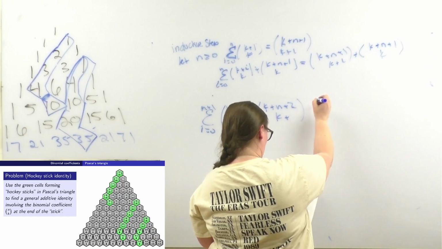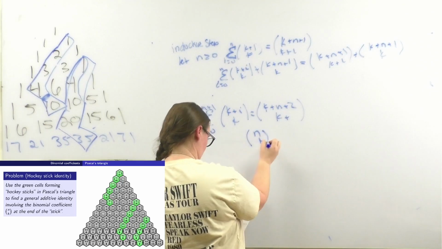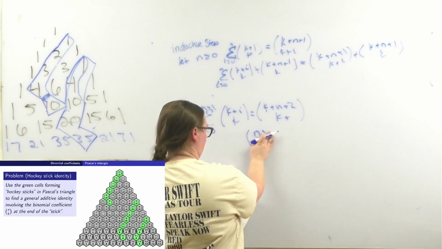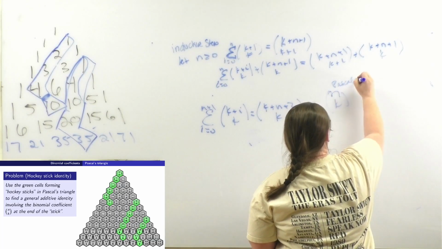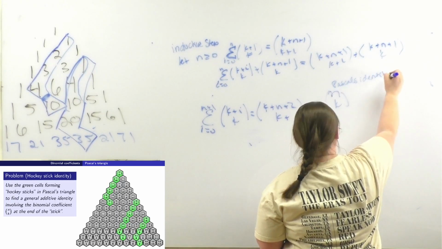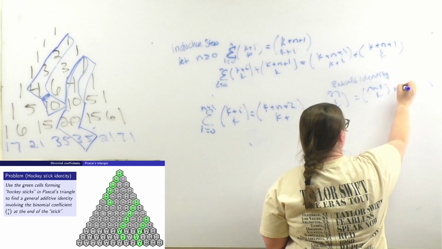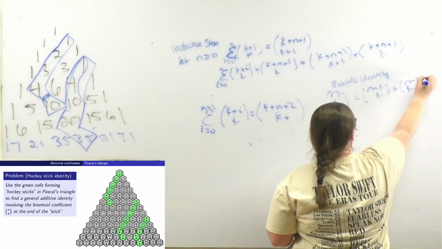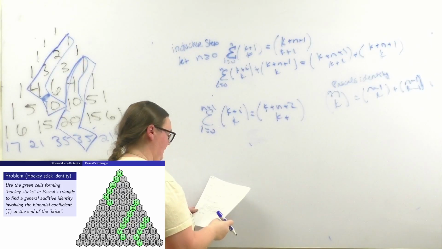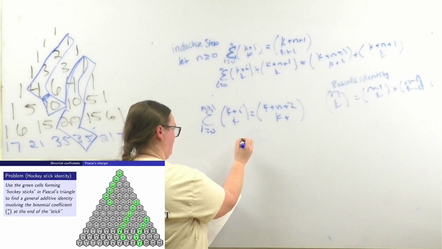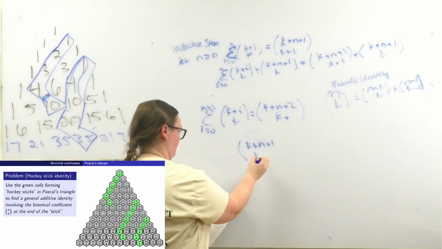N choose k is equal to n minus 1 choose k plus n minus 1 choose k minus 1. Okay, so that's our identity to remember. So we are going to end up with k plus n plus 1 choose k plus 1.